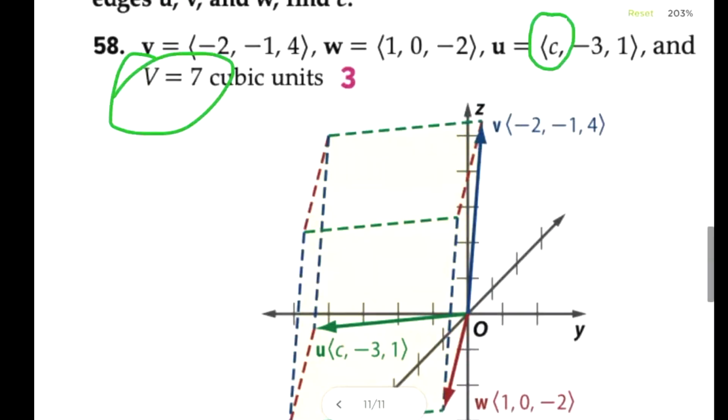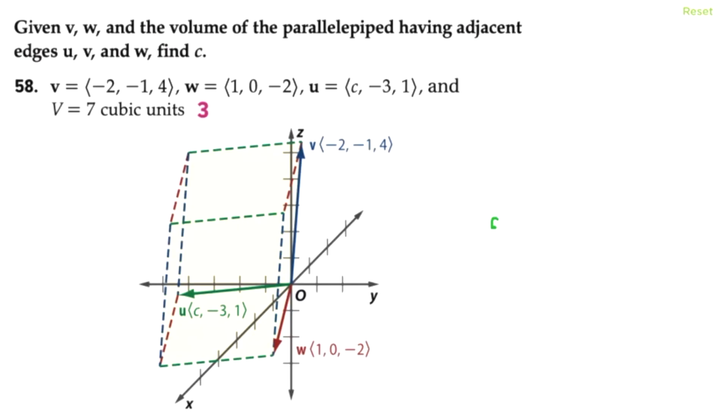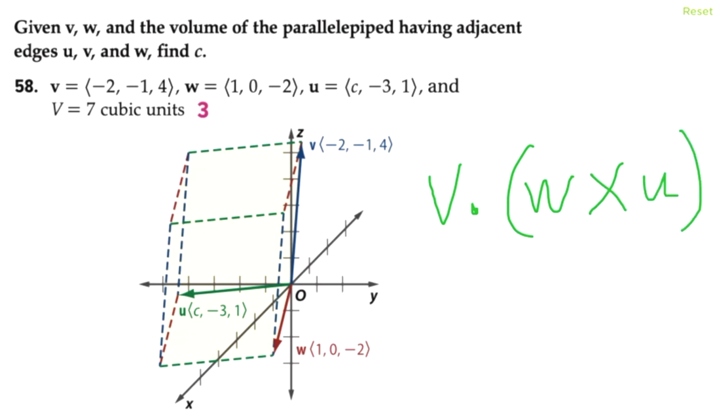They're asking you to find this C. So what you need to do is put your volume equals the way you calculate it, V dot W cross U. Calculate it in terms of C.